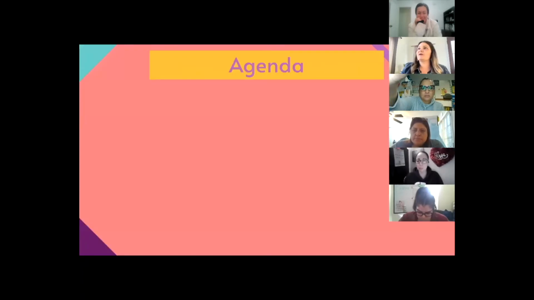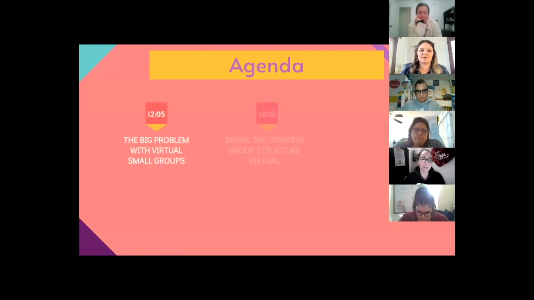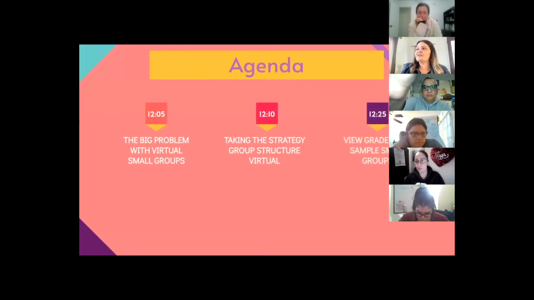So I'm going to start. We're going to go over the agenda for today. We're going to start with talking about what is the big problem with virtual small groups. And then we will look at the strategy group structure and what that looks like virtual. And then we're going to view grade level sample small groups.